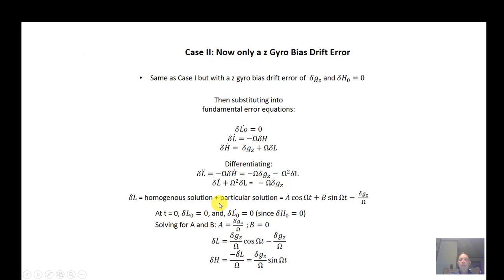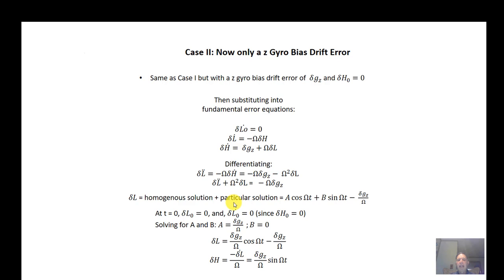So hopefully we remember from elementary differential equations that the solution to this equation is equal to a homogeneous solution plus a particular solution. The particular solution being the solution in general when the derivatives are zero.